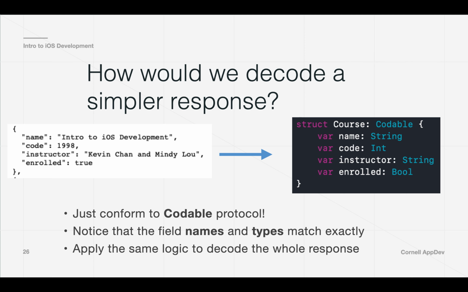And you'll notice that all the field names and types match exactly. This is one key component to how all the JSON decoding runs smoothly. If they do not match up, then you'll most probably run into some errors.